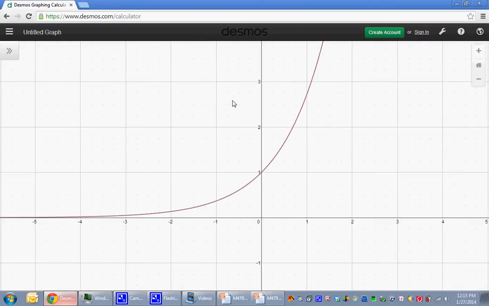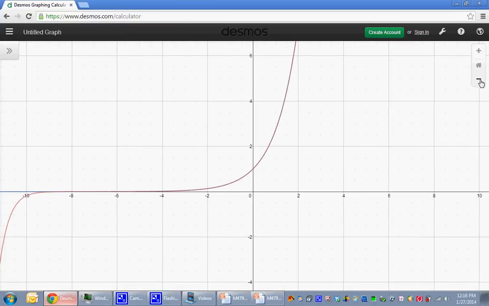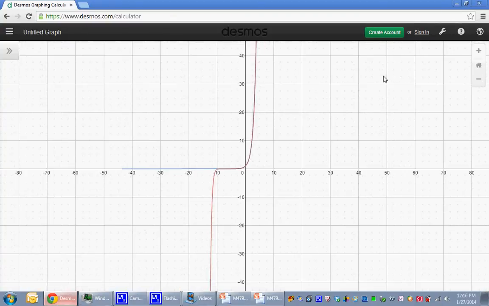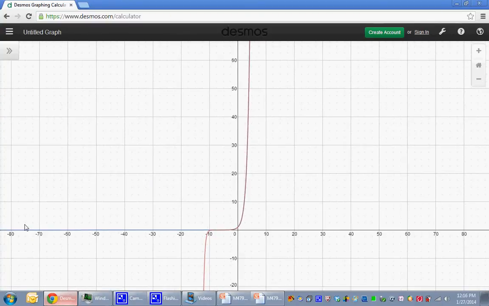It turns out that the picture I generated is so good on this window you can't even tell the difference between the two graphs. If I zoom out far enough though, you could see that they start to veer off. You could see y equals e to the x going along the x-axis here, and then suddenly starting to follow this polynomial.